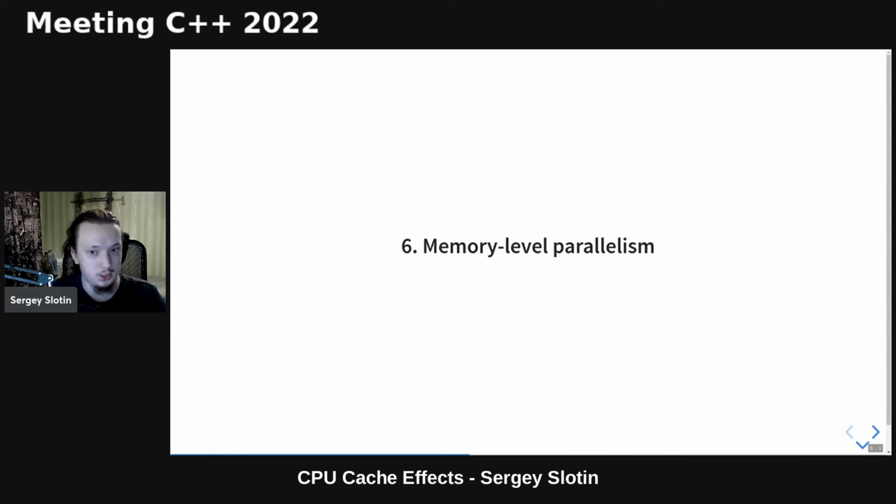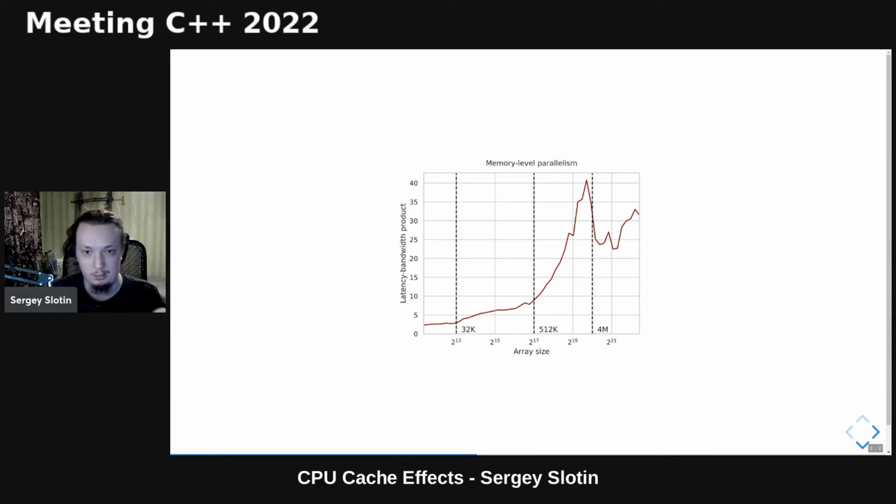So when designing algorithms and especially data structures, you may want to know this number that limits the amount of concurrency your computation can achieve. To find this limit theoretically for a specific memory type, you can multiply its latency, the time to fetch a cache line, by its bandwidth, the number of cache lines fetched per second, which gives you the average number of memory operations in progress.